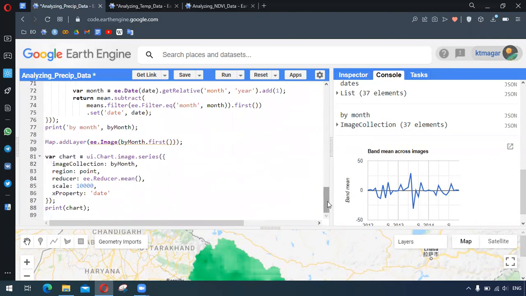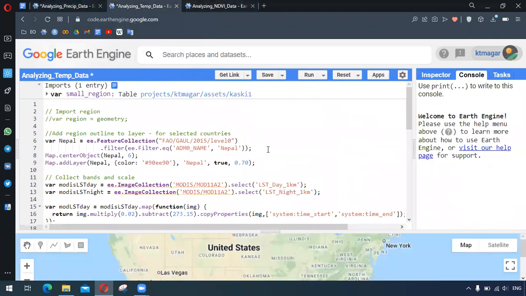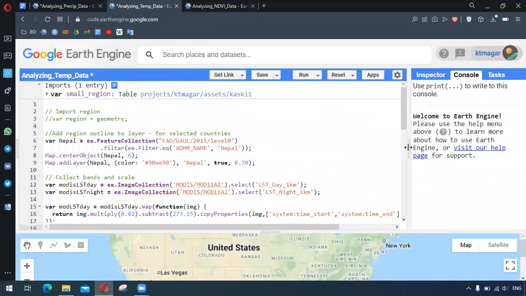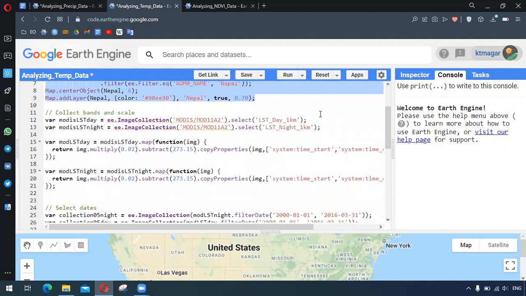So this was a little about analyzing the precipitation data. The next one is the temperature data. Again, here we are selecting our country, Nepal. We are selecting two different bands.